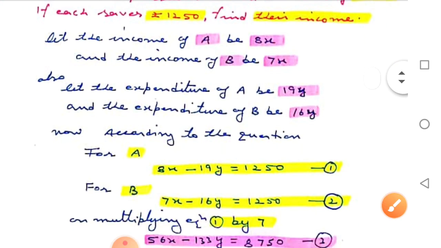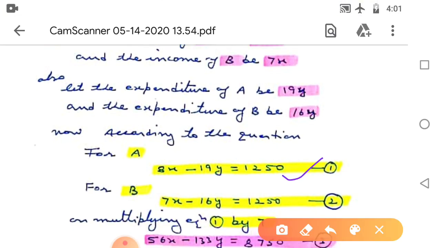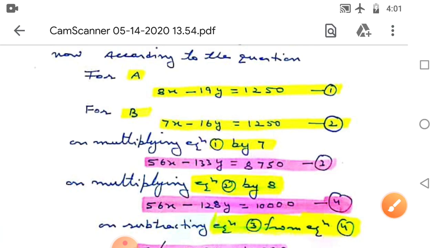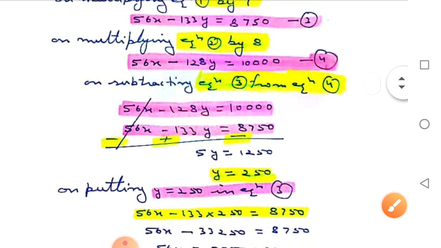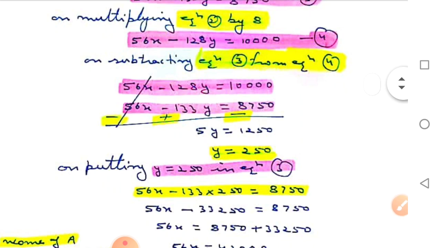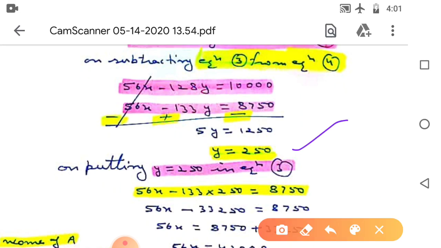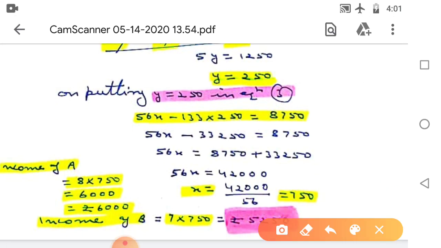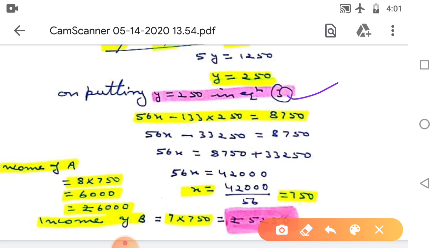Now since the saving is 1250 in both the cases, we have two equations, and now we solve these two equations by elimination method here, and we get the value of y as 250. After putting the value of y in equation number 3, we get the value of x as 750.